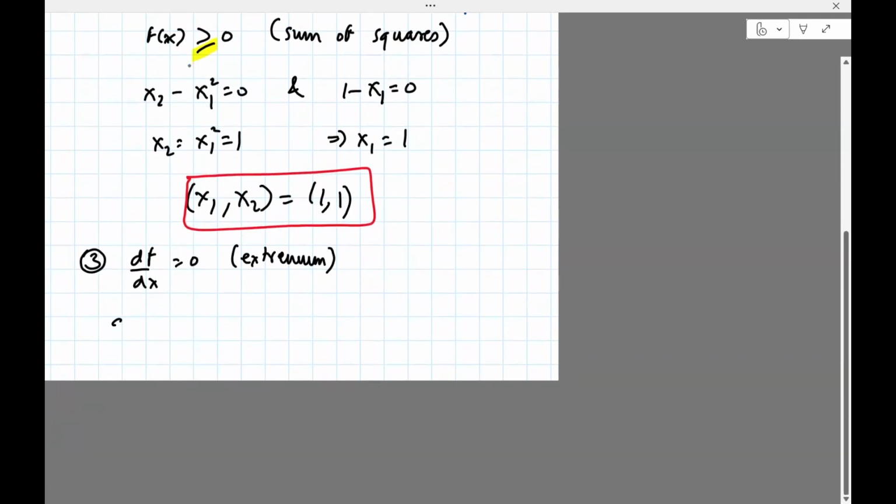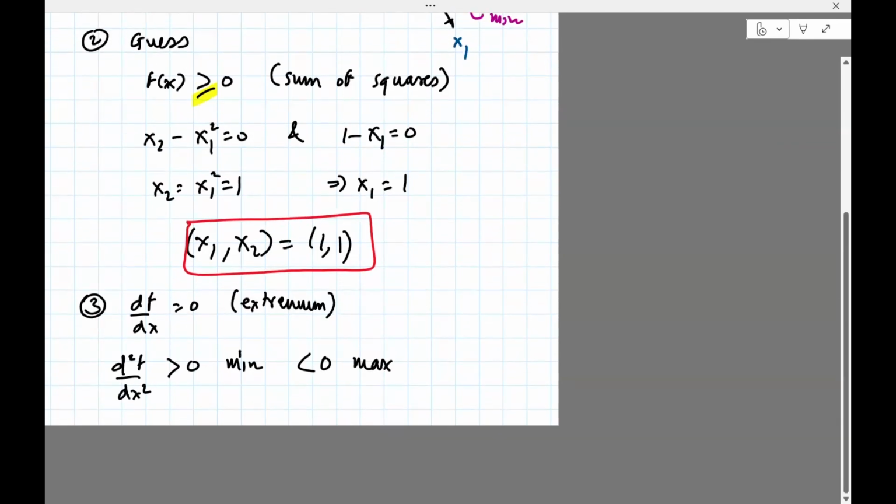And then you check if d squared f dx squared is greater than 0, it's a minimum, or less than 0, it's a maximum. That comes from calculus. Now it turns out that you could actually check this df dx. So df dx, by the way, for a function here will be what? It's a Jacobian, right? f is a scalar, x is 2 dimensions.